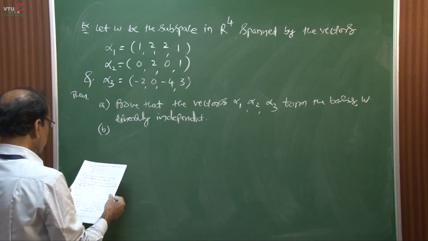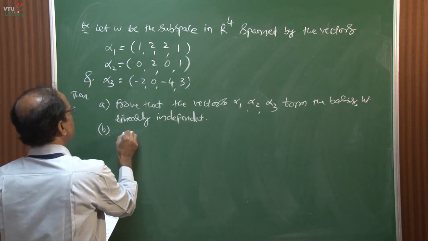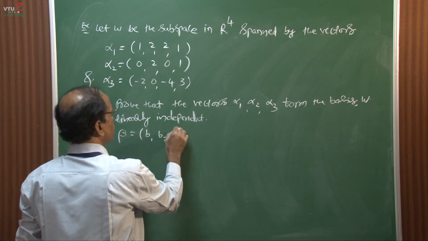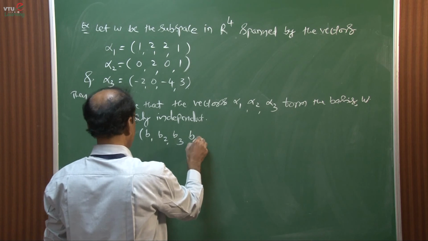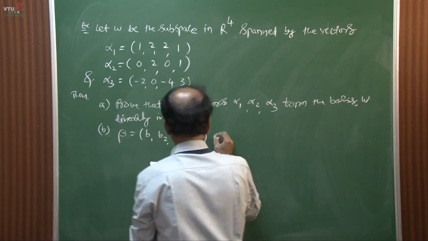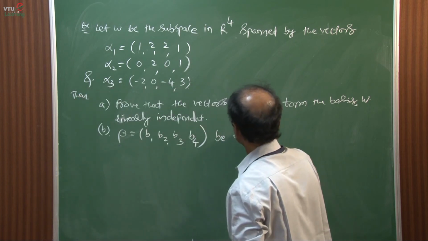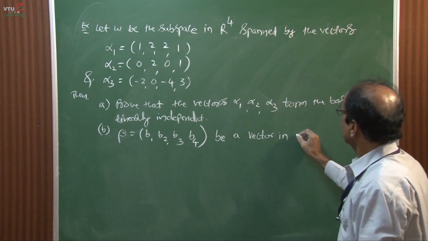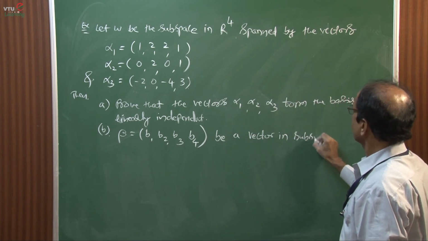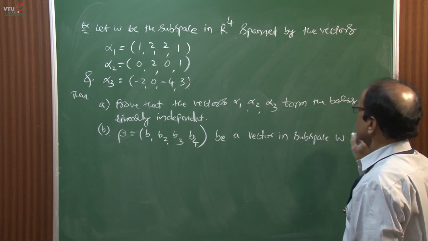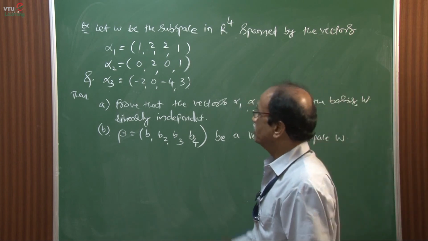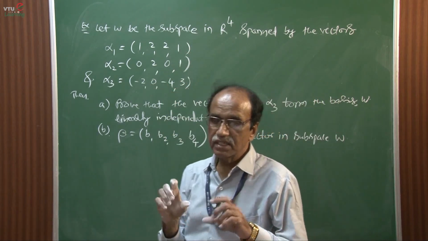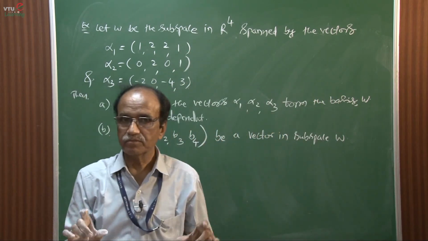And the second question is beta is equal to B1, B2, B3, B4, be a vector in the subspace W. So you can easily make out, you take C1, C2, C3 for this, you can write a linear combination of all these 3.